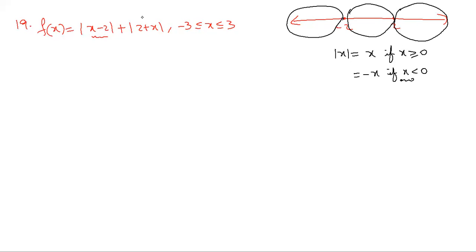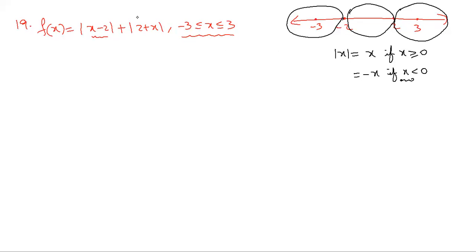But actually the function is given only between minus 3 and 3. So even though it behaves the same throughout the first interval, our interest is only till minus 3. In the middle interval we have full interest, and in the last interval our interest is only till 3.